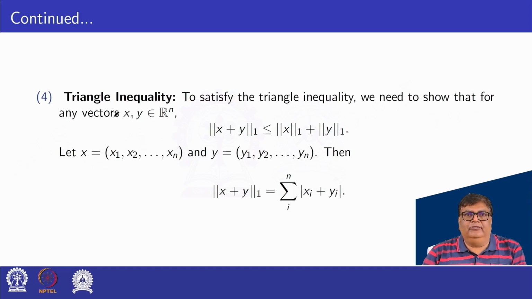Fourth, triangular inequality. Norm x plus y under the given norm 1 is less than or equal to norm x1 plus norm y1, this has to be proved.